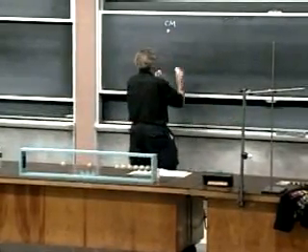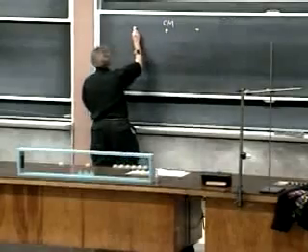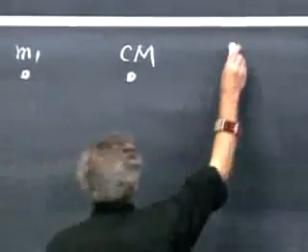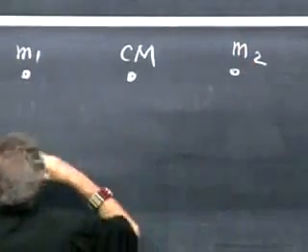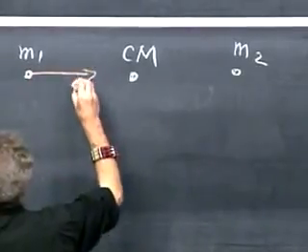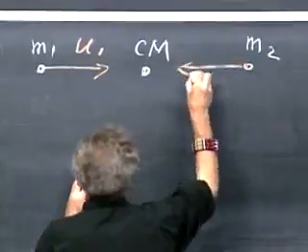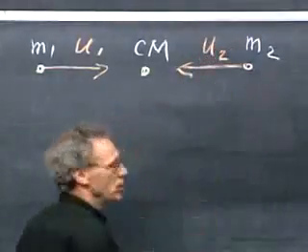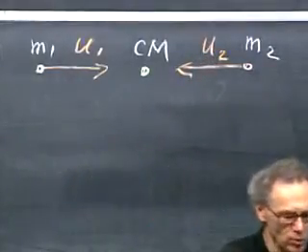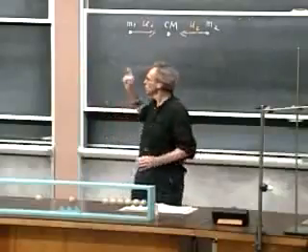First, we have a particle m1, and we have a particle m2. Let this one, in the center of mass frame, have a velocity u1, and this one in the center of mass frame has a velocity u2. I give them specifically u's, so that you can separate the u's from the v's.